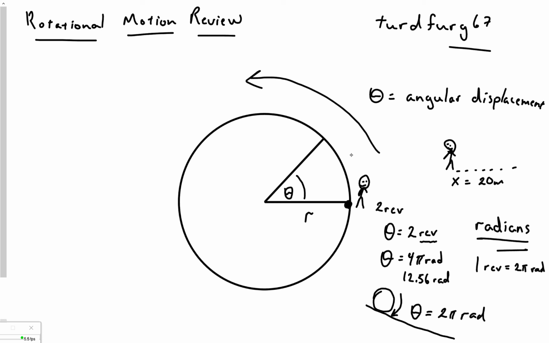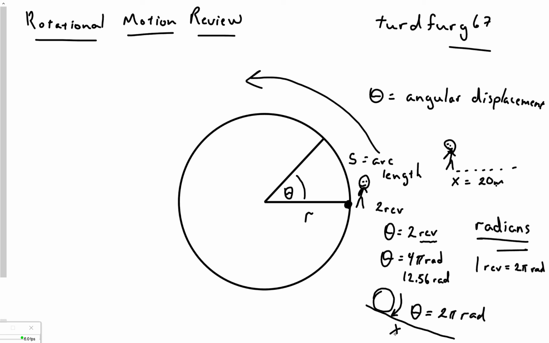But what we routinely talk about is what we call an S, and that S is called an arc length. In terms of what arc length is, what's cool is if you go back and look at the object rolling down the hill. As it rolls down the hill, we have an X displacement.